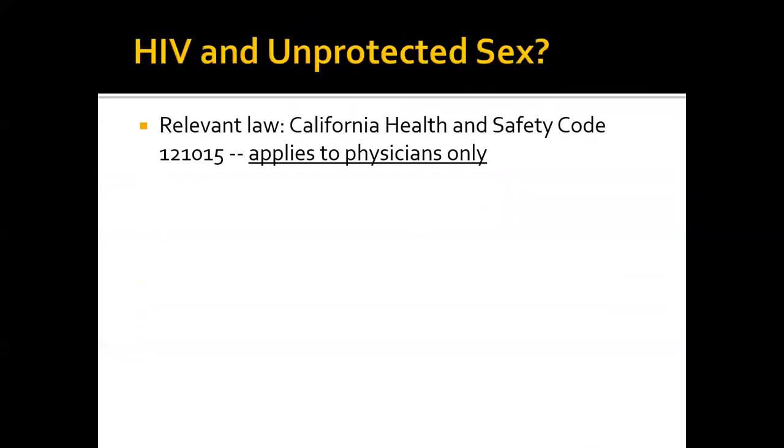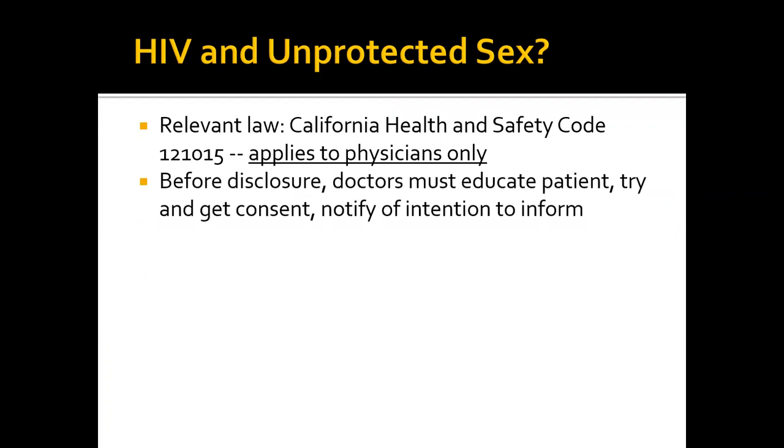So in the case of HIV and unprotected sex, at least in the state of California, there is a relevant law. So the California Health and Safety Code 121015 addresses reporting HIV, and it applies to physicians only, so only to medical doctors.